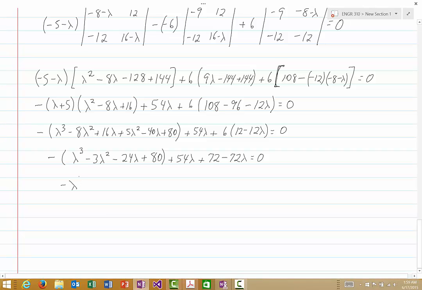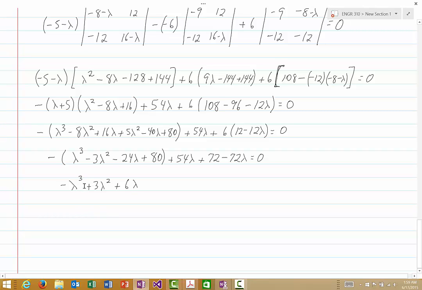So minus lambda cubed plus 3 lambda squared plus 24 lambda plus 54 lambda out here gives us plus 78 lambda. Oops, we also have a minus 72 lambda here, so 78 lambda minus 72 lambda will actually give us 6 lambda.